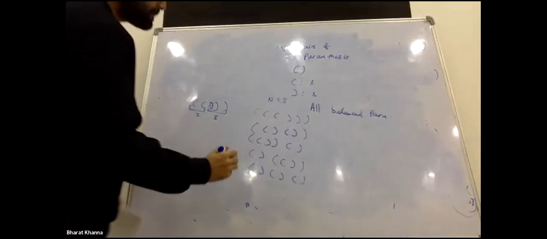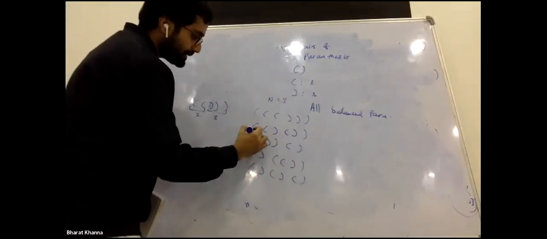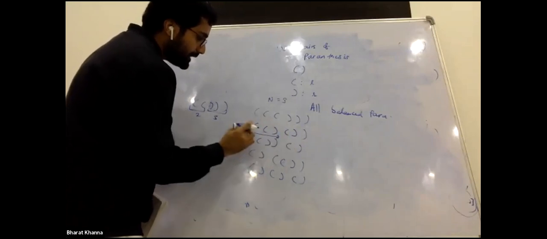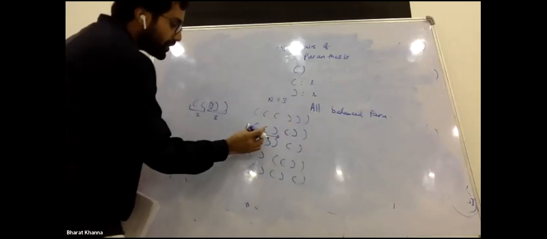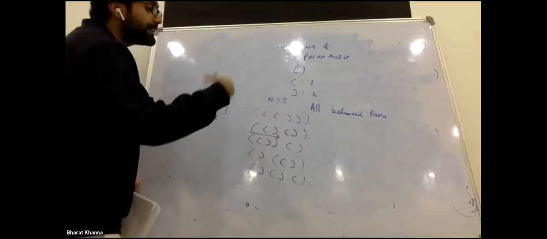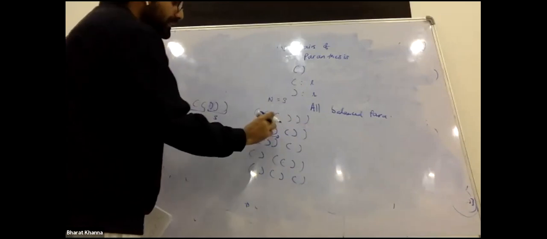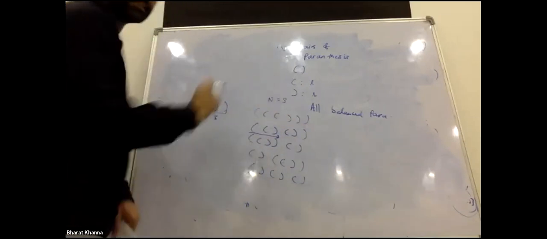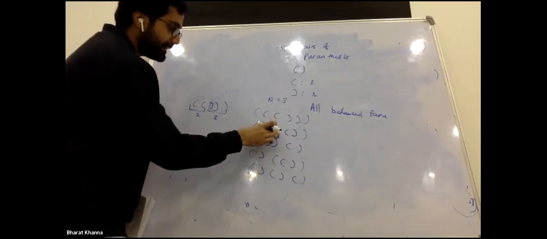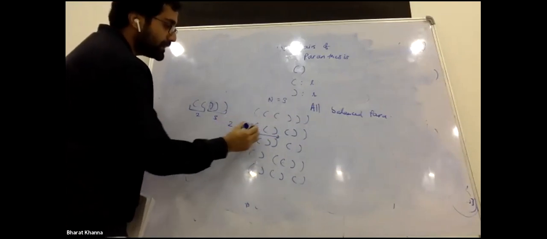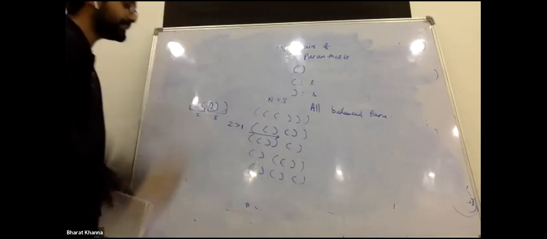And the second thing: at any moment of time, let's say you have traveled from index 0 to index I, the number of left brackets should be greater than or equal to the number of right brackets. If you consider this prefix, the number of left brackets is 2 and right brackets is 1, and 2 is greater than 1.